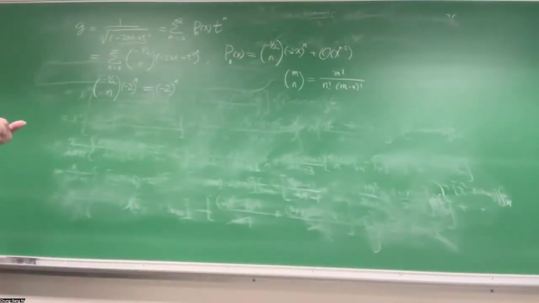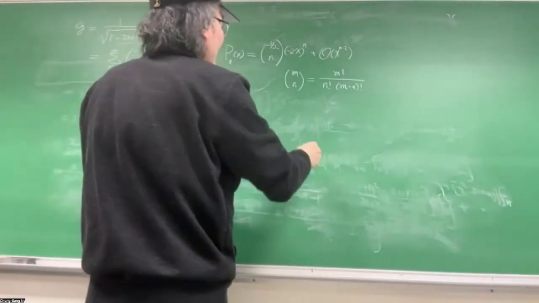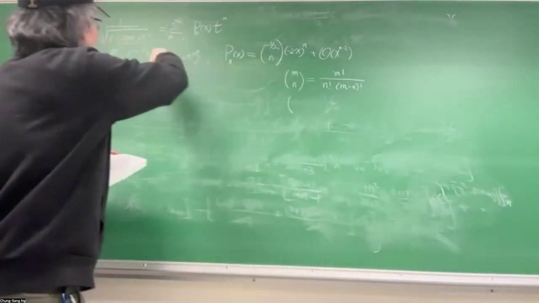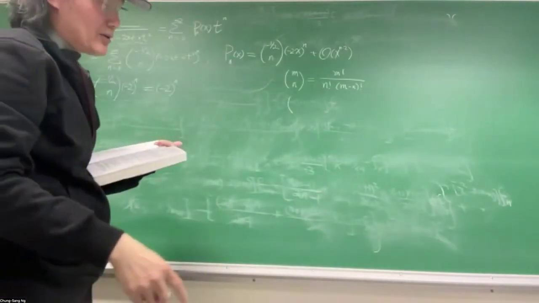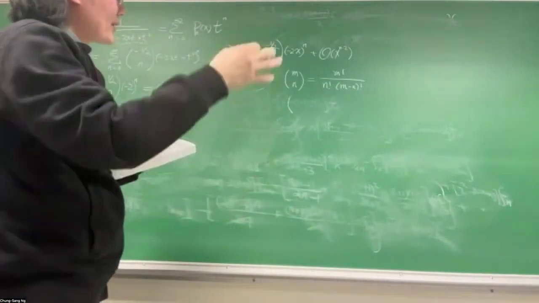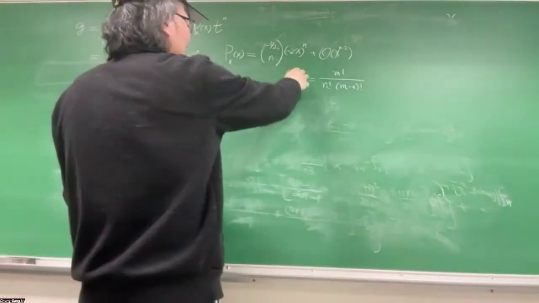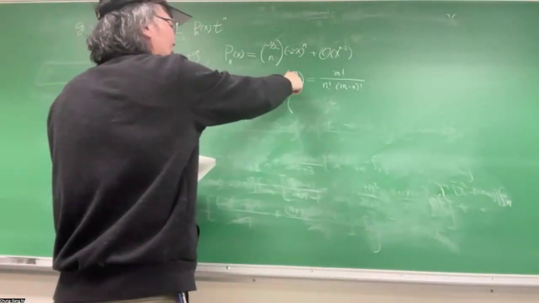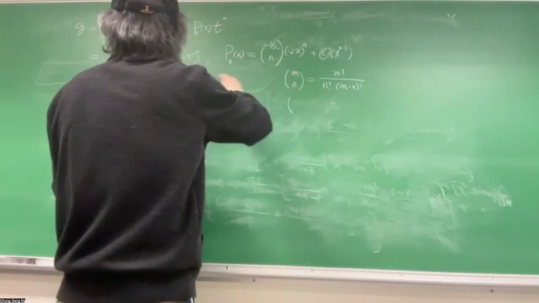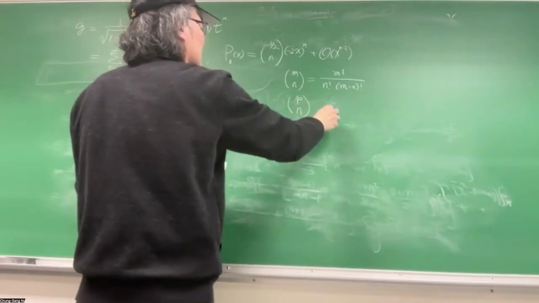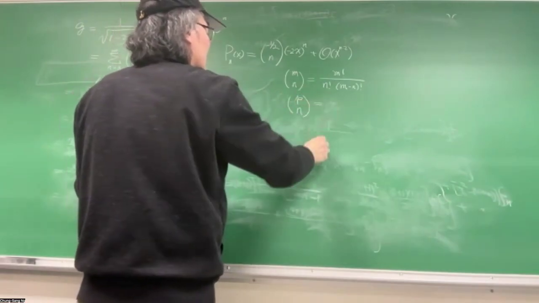But if m, the power of the binomial function you want to expand, is not an integer, say whatever that is, like p, then you can generalize this.